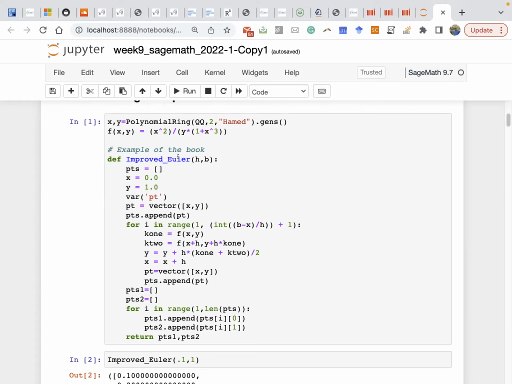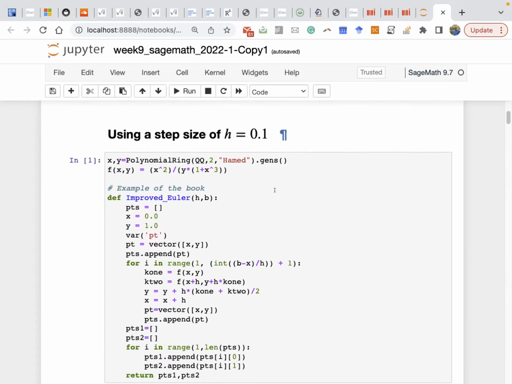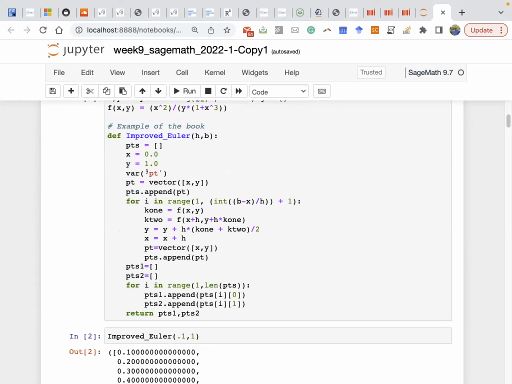So the list of points, or tuple here: x equals 0, y equals 1, the initial condition. PT is one point, or one vector xy, inside this. We will put the new point that we find in the future, inside the loop, into this list.